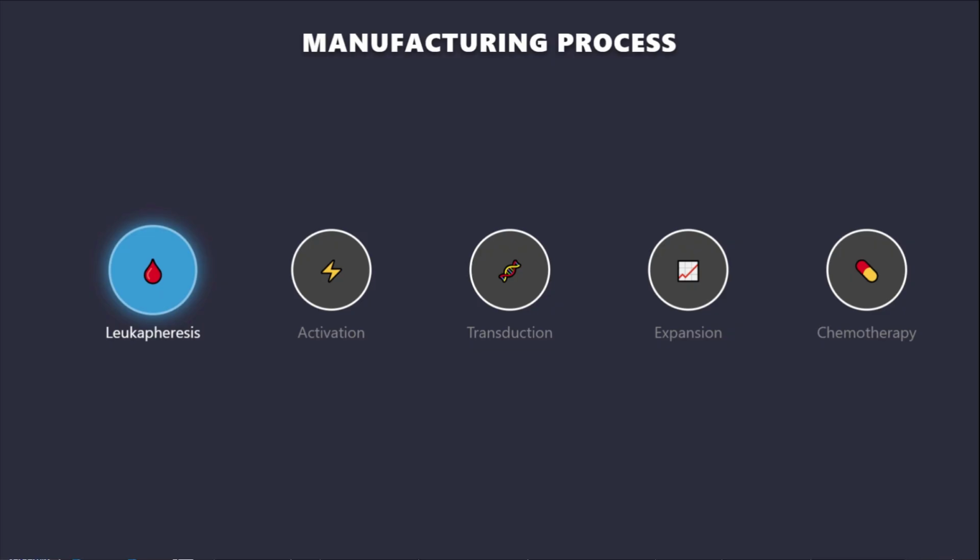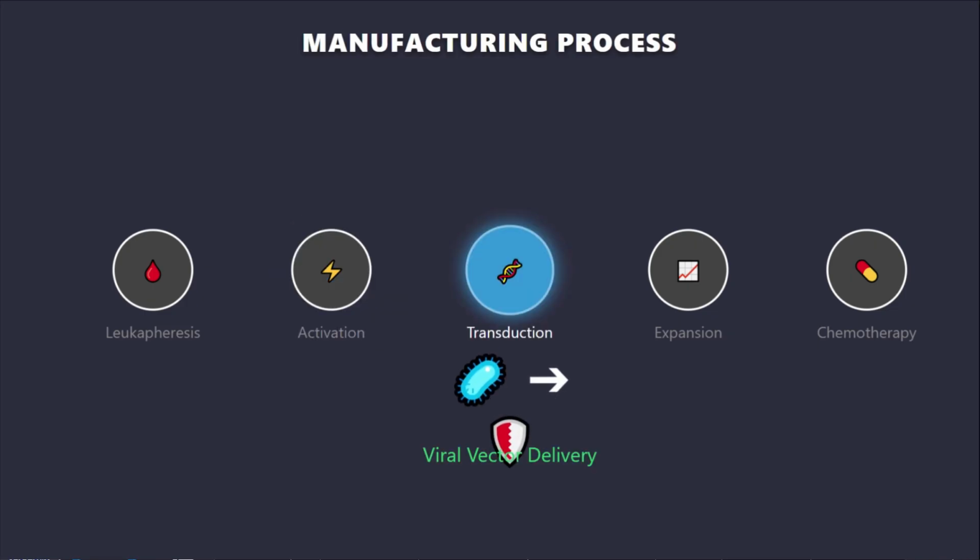Chimeric antigen receptor T-cell manufacturing begins with leukapheresis, a procedure collecting peripheral blood mononuclear cells directly from the patient in the autologous approach. T-cells are subsequently isolated and activated ex vivo, typically using anti-CD3 and anti-CD28 antibodies or specialized beads. The crucial step involves introducing the CAR gene into the T-cells, most commonly achieved via viral transduction.